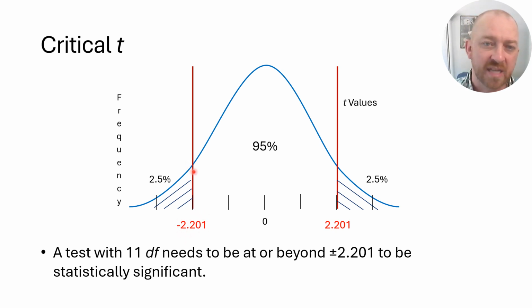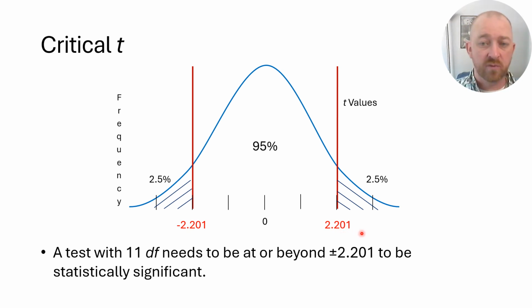So in other words, although we expect to see lots of t-values 95% of the time, any t-value equal to or beyond 2.201 is unusual. It's unusual enough that we see it equal to or less than 5% of the time. Because this is a two-tailed test, we can put it as a negative 2.201 down here on the low end, or a positive 2.201 at the high end.